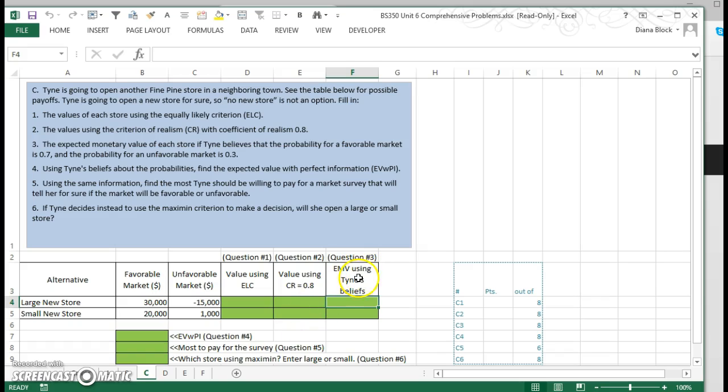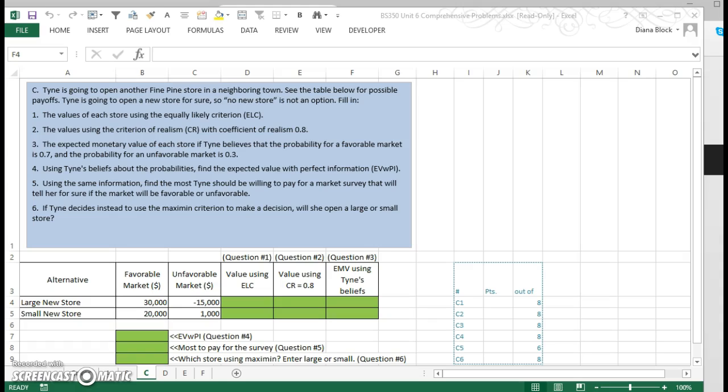Then we're going to calculate the expected monetary value using what the person believes will be. So if we look up in the box, it tells us that he believes that the probability of a favorable market is 0.7 and an unfavorable market is 0.3. Those are what he believes the results will be for the favorability or unfavorability of the market.